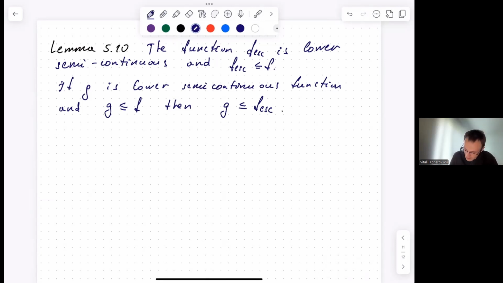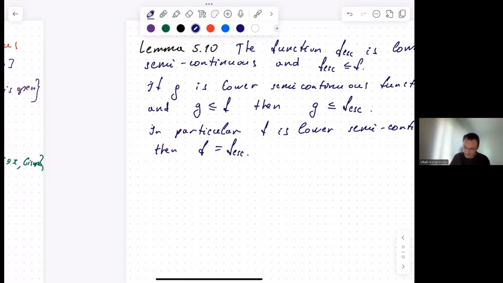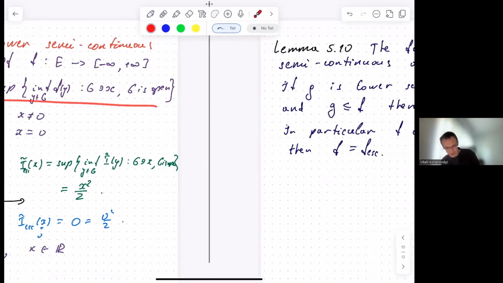So in particular, if f is lower semi-continuous, then this regularization is exactly the function f. So that construction here does nothing to the function f.